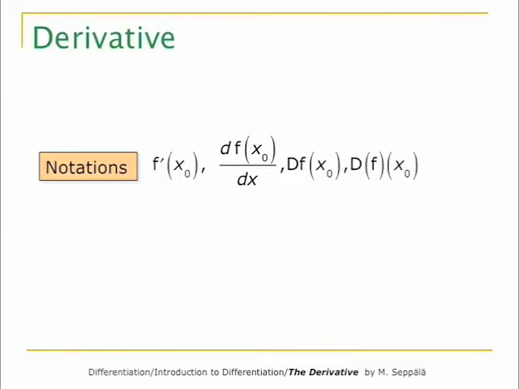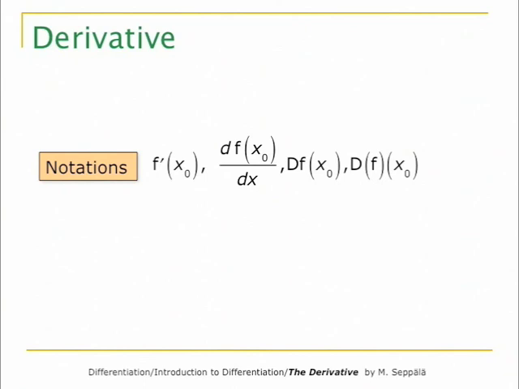We use the following notations for the derivative of the function f at the point x0. The first and maybe the most common notation is read f prime at x0. Then we use the notation which looks like a fraction, df at x0 dx.